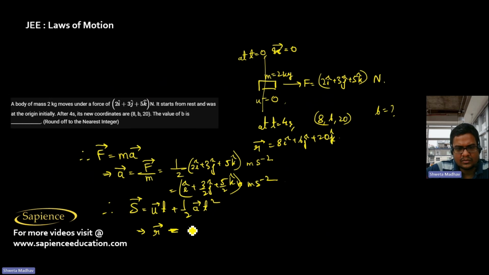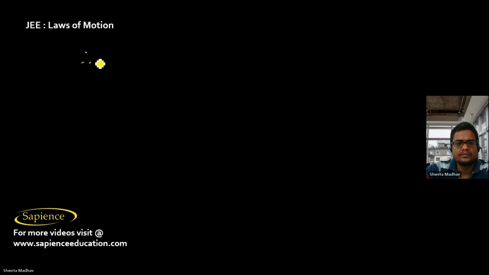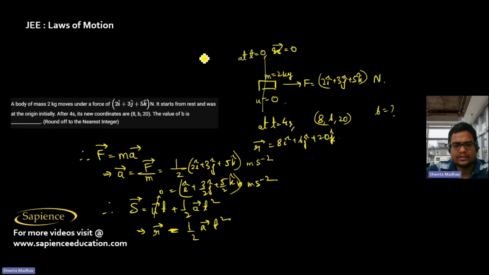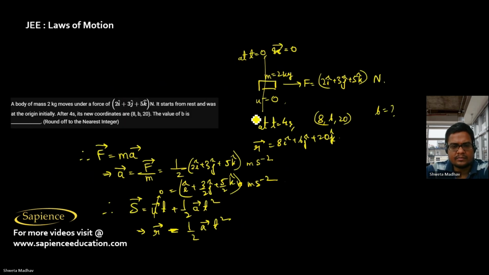So r vector will be equal to u into t plus half a vector into t square, and u is also 0. So at t equal to 4 seconds, the r vector is half into the acceleration vector, that is i cap plus 3 by 2 j cap plus 5 by 2 k cap, into t square.